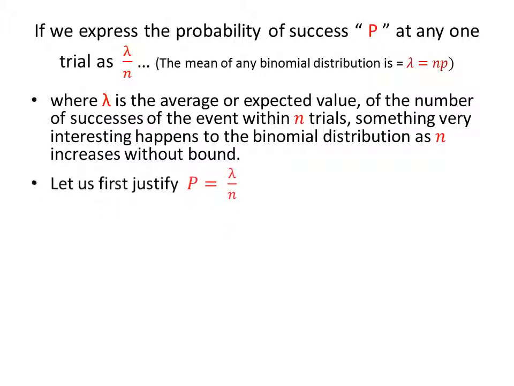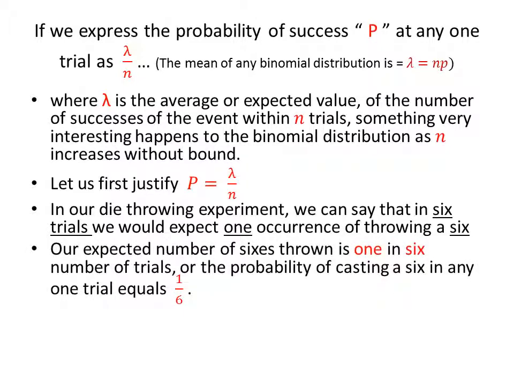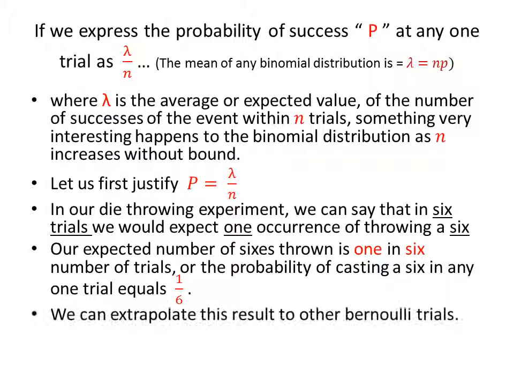But before we do that, let's first justify that p equals lambda over n. In our die throwing experiment, we could say that in 6 trials we would expect 1 occurrence of throwing a 6. This translates into lambda over n equals 1 over 6. We can extrapolate this result to other Bernoulli trials.